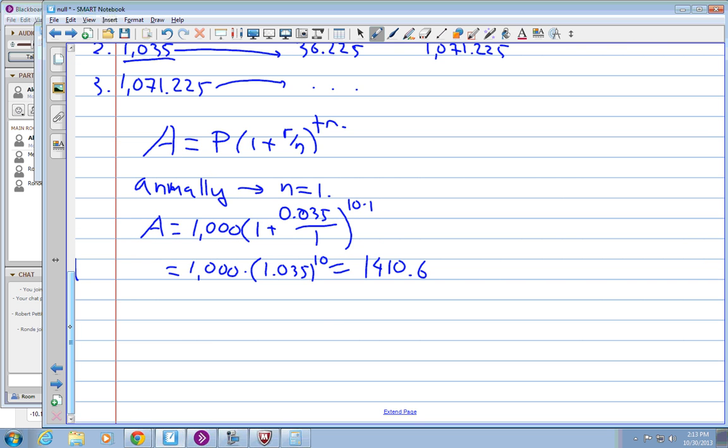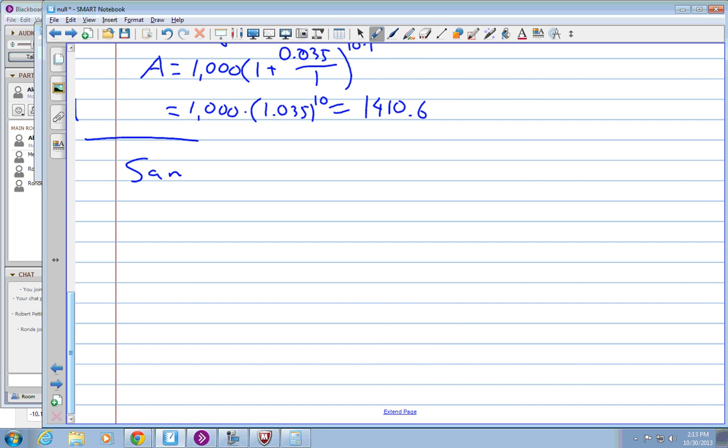If I do the same thing only compounded monthly, same scenario, that means N equals 12. So it's 12 times per year. At the end of the first month, you compute a 12th of your interest.